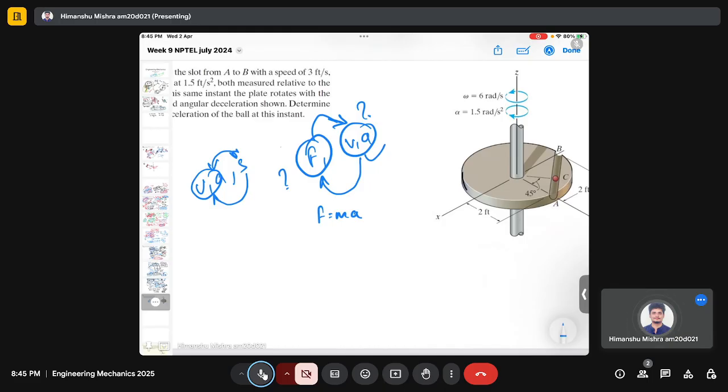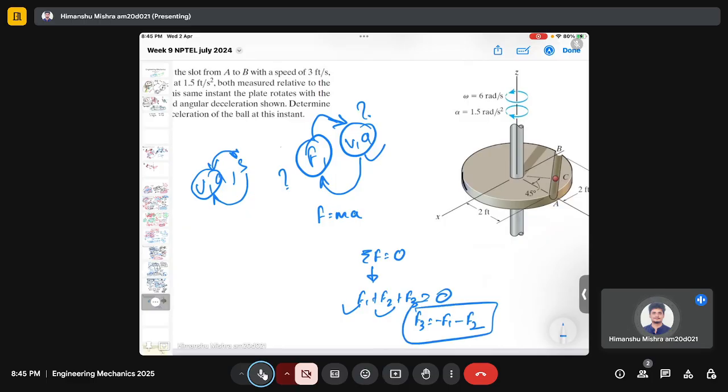When we were solving equilibrium or statics problems, we said that the summation of force equals 0, and then you can expand this summation to write f1 plus f2 plus f3 equals 0.